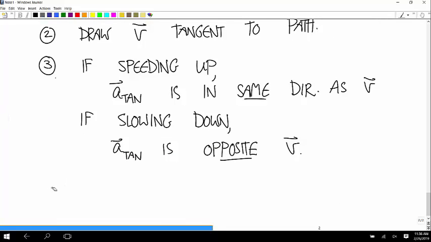So fourth, the centripetal acceleration points toward the center of the circular motion.